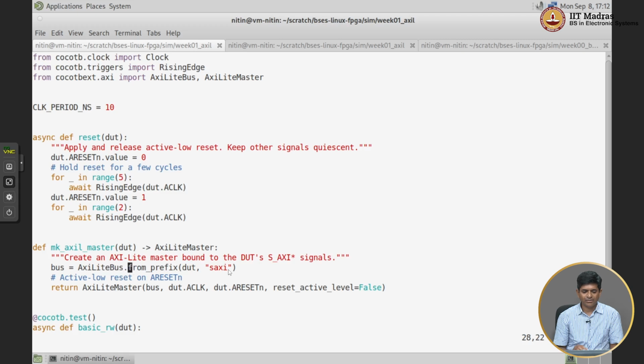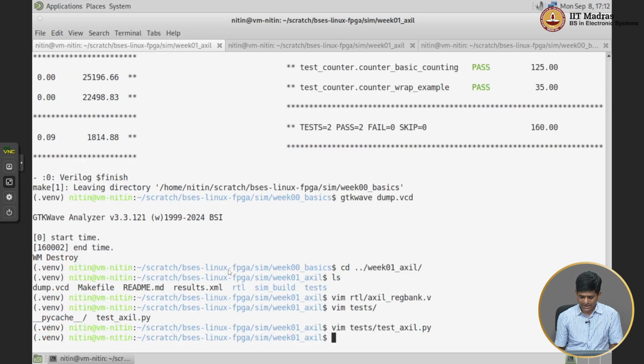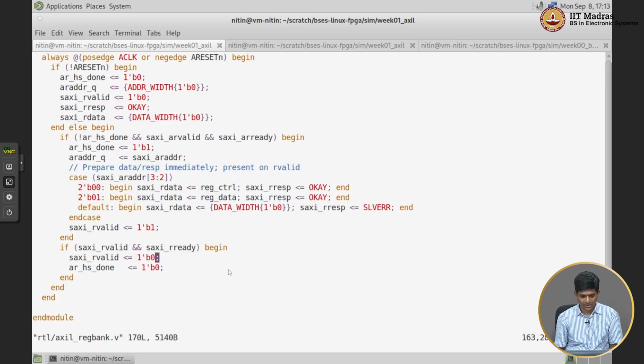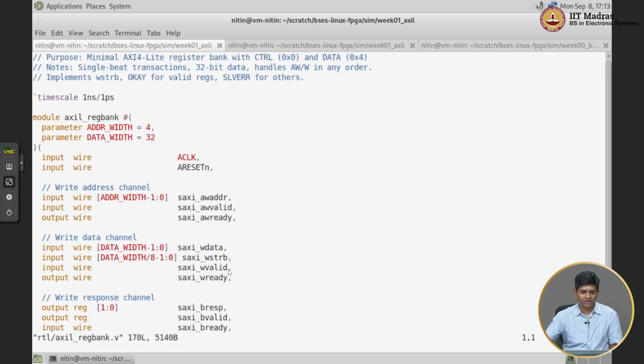The interesting thing is it basically says do this from the prefix SAXI. What does that mean? If I look at the original source code of my register bank, you will see that all my bus related signals started with this SAXI underscore.